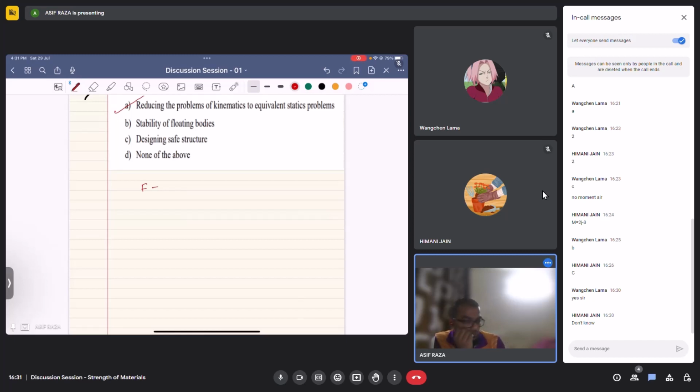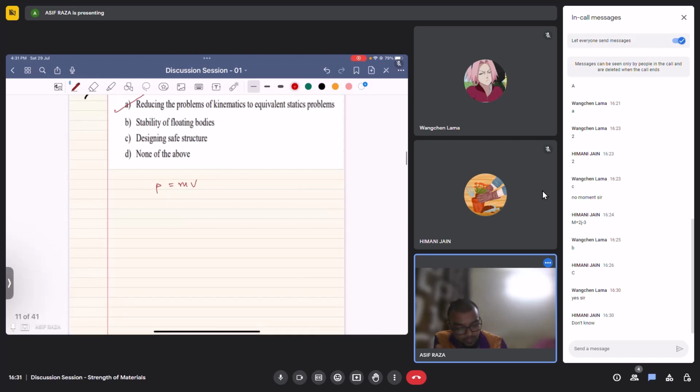It's just an abstract way I'm trying to tell you: linear momentum is equal to mv, mass times velocity, and dp by dt is equal to force, and this is like d(mv) by dt, like dm by dt times velocity, and dv by dt.